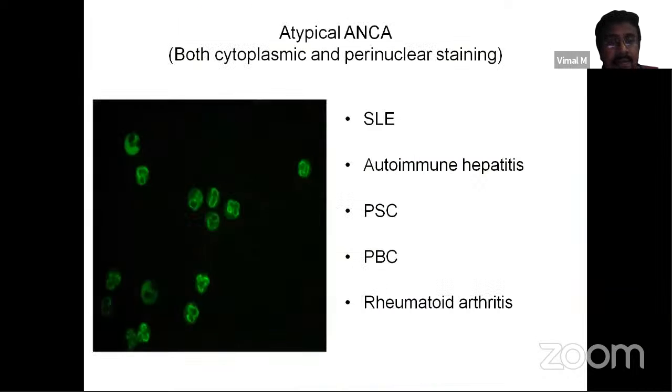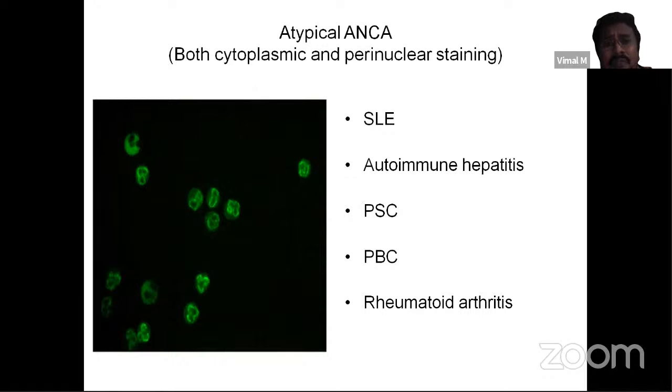Sometimes you may get ANCA positivity both in the cytoplasm and perinuclear region. Yes, you can get immunofluorescence emissions both in the cytoplasmic as well as the perinuclear region. Such ANCA are called atypical ANCA. They are not typical of anything.